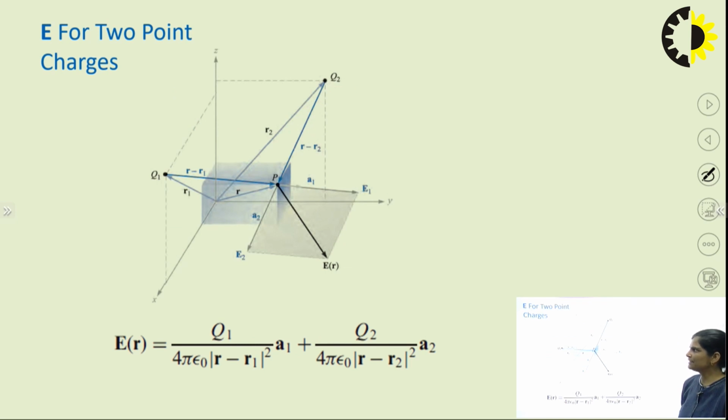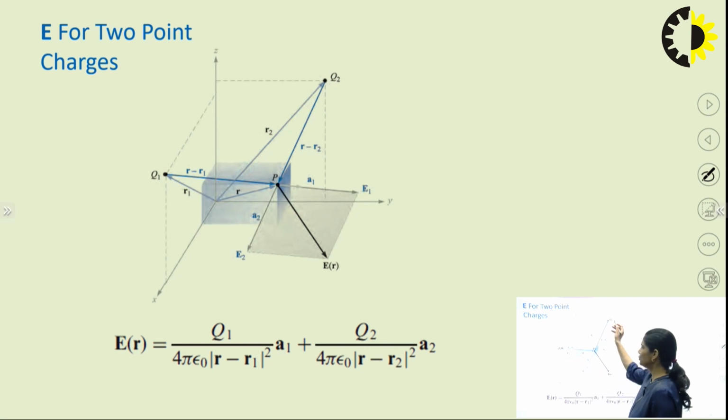Now electric field intensity for 2-point charges. Let you have 2-point charges Q1 and Q2, and here this is the point P. Now the distance between Q1 and P is represented by R minus R1, and the distance between this point P and Q2 is R minus R2.